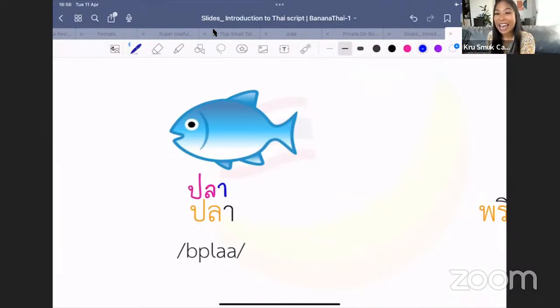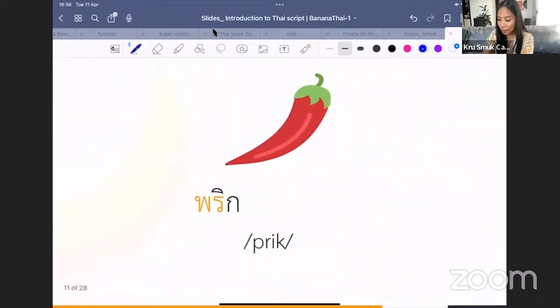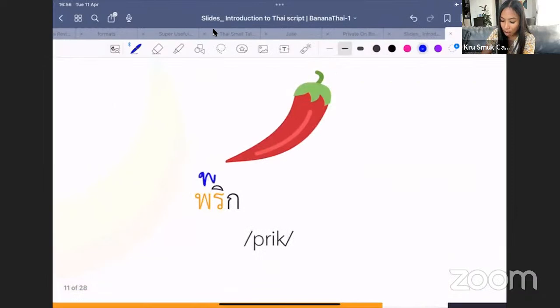So this is the cluster. Same as this word: พอพาน, พ sound, and รอเรือ, ร sound. So this is พร, with a vowel and an ending consonant กอไก่, พริก.